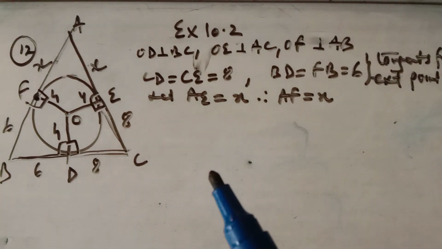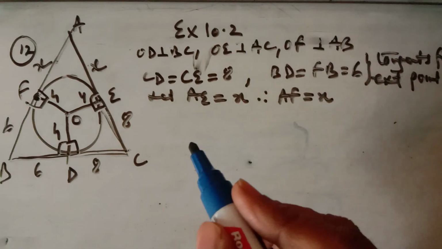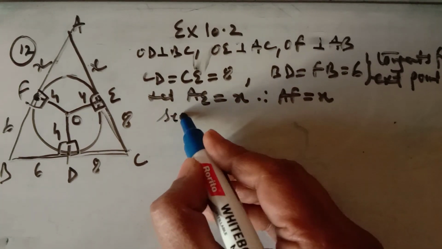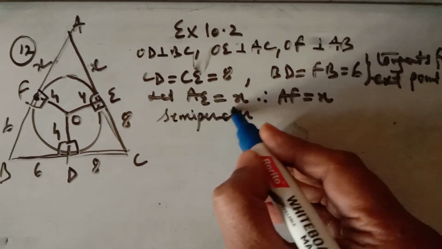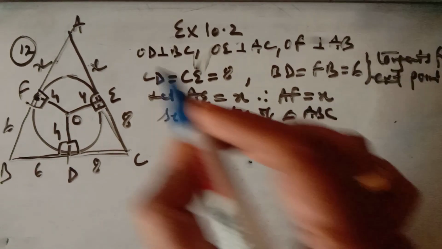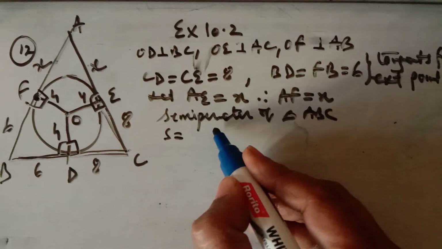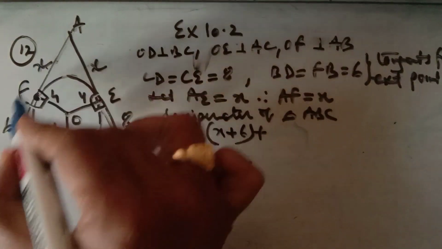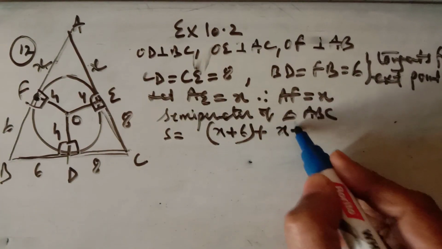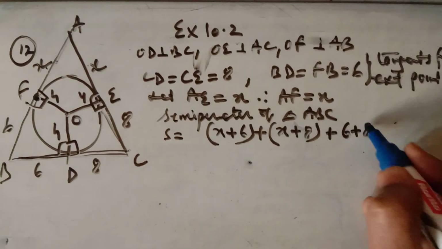Now to find the area of the triangle ABC, we can find it using Heron's formula. So the semi-perimeter of triangle ABC, S, will be equal to x plus 6 plus x plus 6, plus x plus 8, plus 6 plus 8, upon 2.